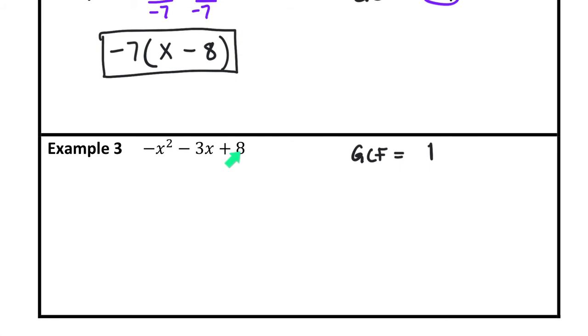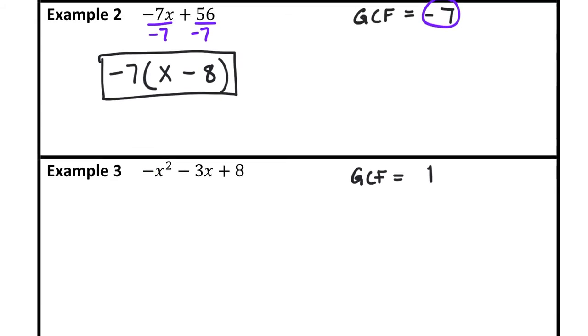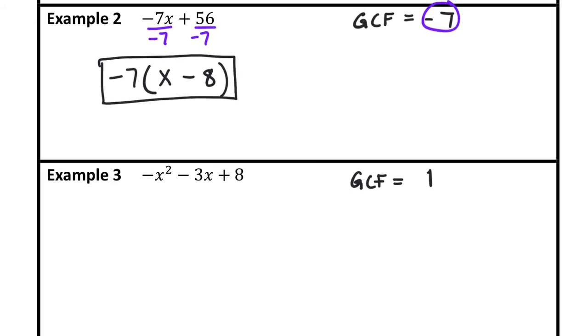You know, I can divide 8 by 1, I can divide 3 by 1, and I can divide 1 by 1. But remember what I said over here in example 2. If the first term is negative, then we want to include that negative in the GCF. So since the first term is negative, we're going to put a negative as our GCF.